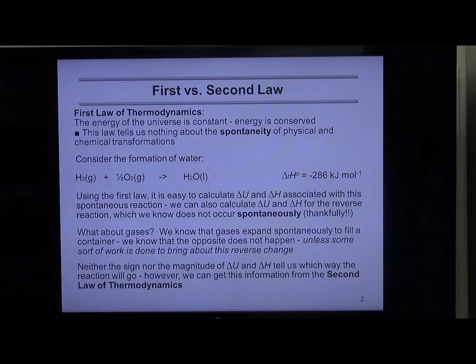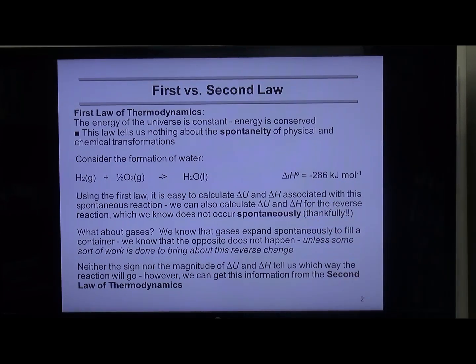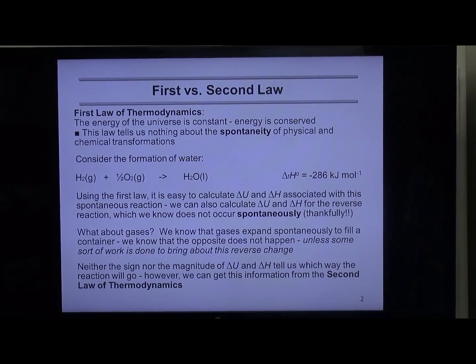If you have two different types of gas and you mix them, they mix together spontaneously, right? But that mixing does not involve any changes in energy or enthalpy. No change. Exothermic, endothermic, or no change. All of them are spontaneous. Okay?